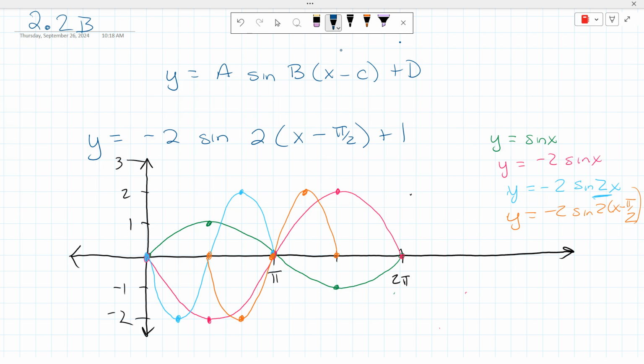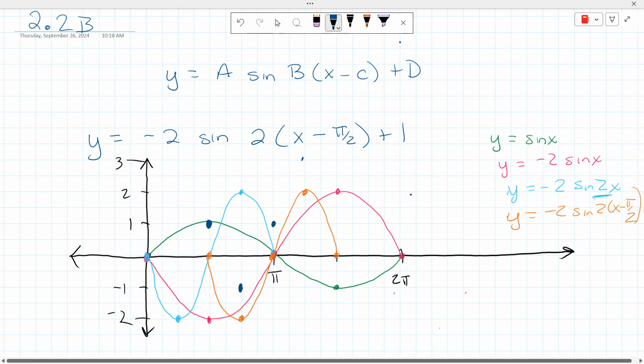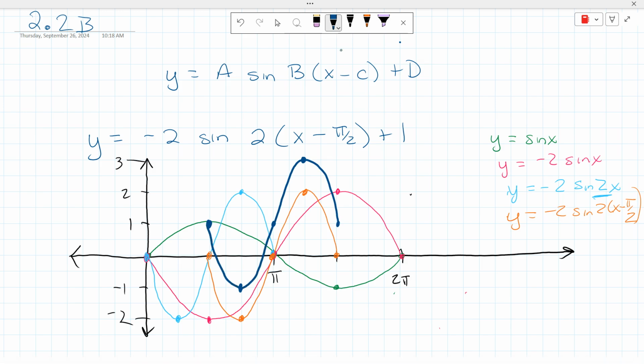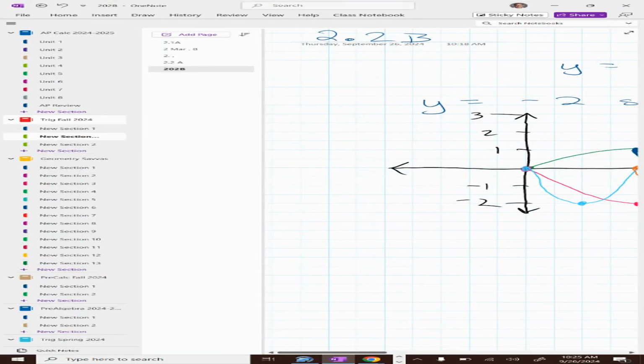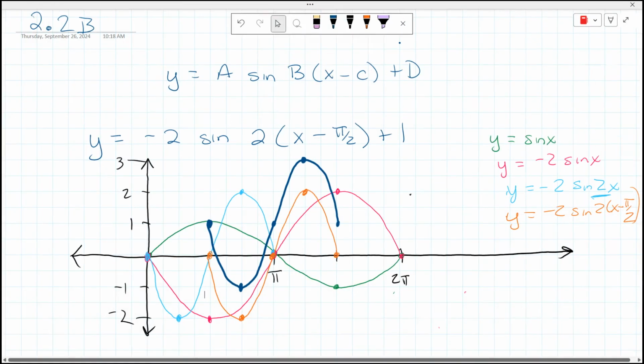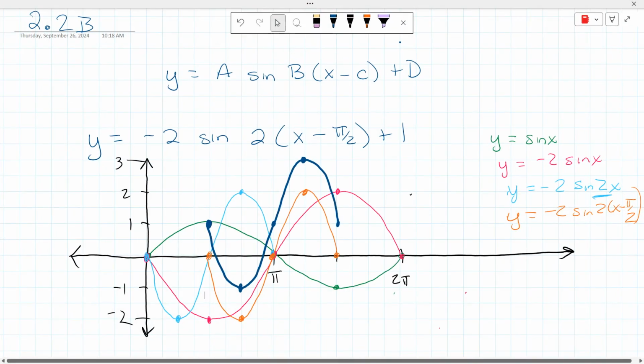We're going to go everything up by 1 from the orange graph. 1 up, 1 up, 1 up, 1 up, 1 up. I'm sorry. There you go.